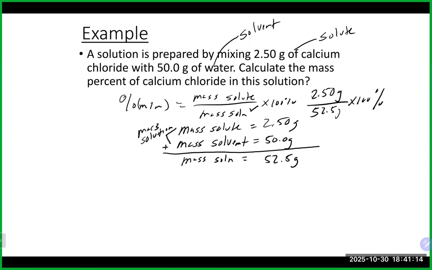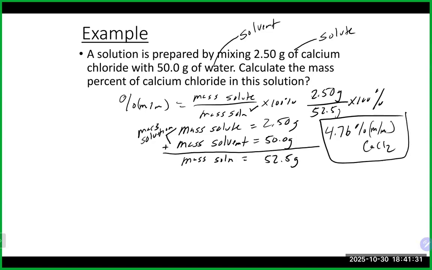That's 2.5 divided by 52.5 times 100, which gives us 4.76%. You could leave it M/M and put something like calcium chloride next to it, would be nice. And that would be our mass to mass percent of this solution.